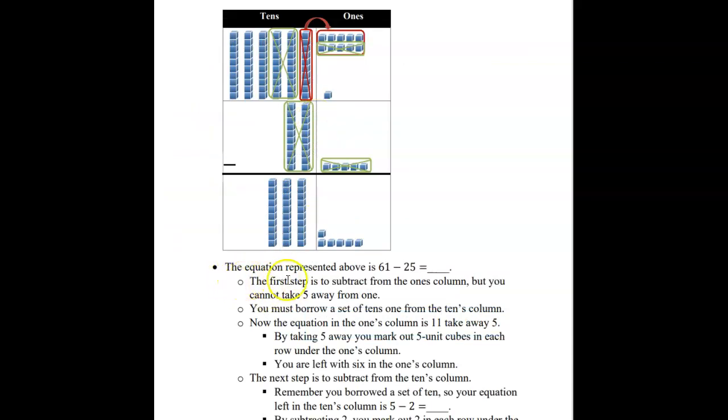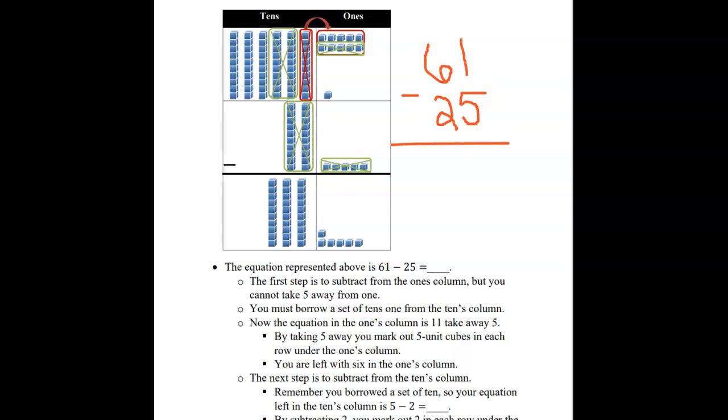Okay, now we're going to try the same thing with subtraction. So let's look here. Let's write this down. So we have 61 in the top and 25 in the bottom. All right, so the first step is to subtract from the ones column.